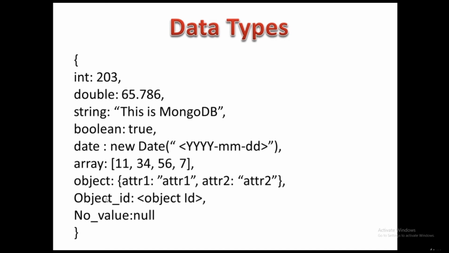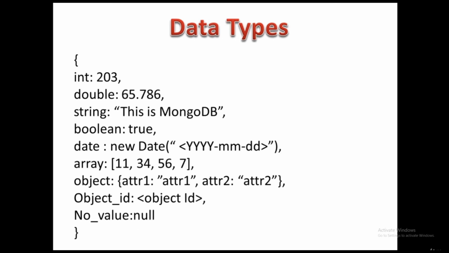Then ObjectId stores the ID of the document which uniquely identifies this document in a collection. ObjectId can be provided by MongoDB implicitly when you insert any document in a collection, or you can explicitly provide the ID for the document. No value can be represented by null. So these are the data types.